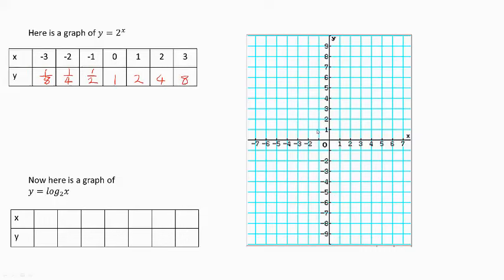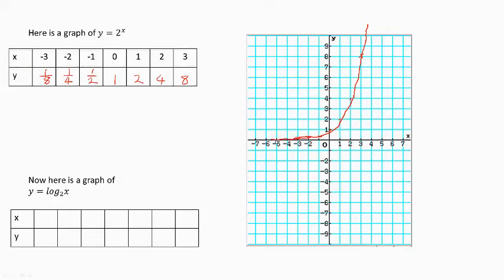Let's try and draw that on our little graph here. When x is minus 3, 1/8. When x is minus 2, 1 quarter. Which is 1 half. 1, 2, 4, and 8. And so the graph that we get is this classic sort of hockey stick shaped graph, and I'm not drawing that particularly accurately.